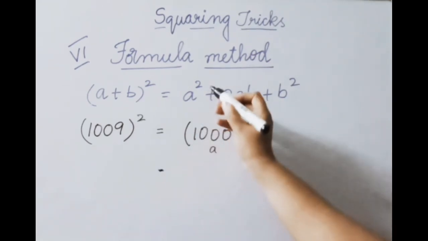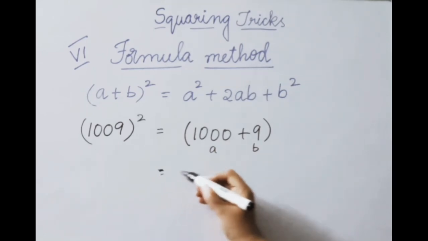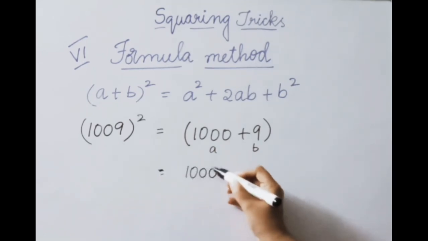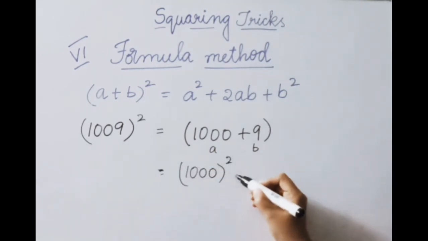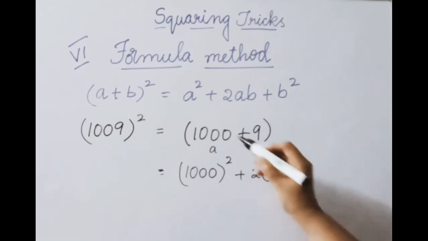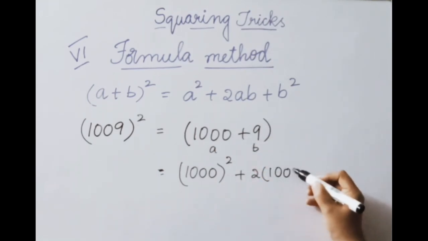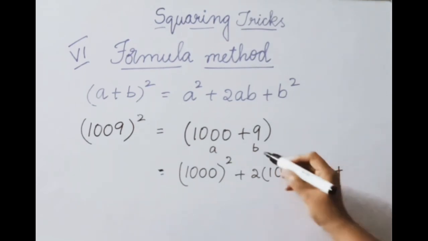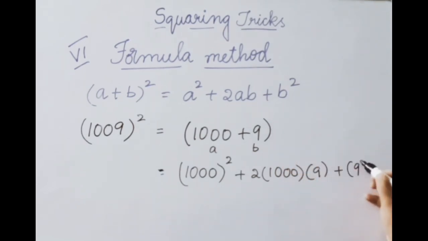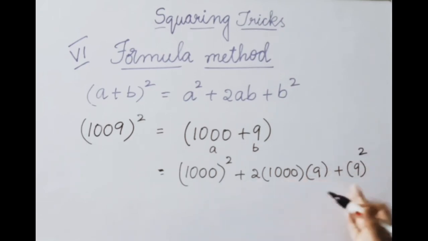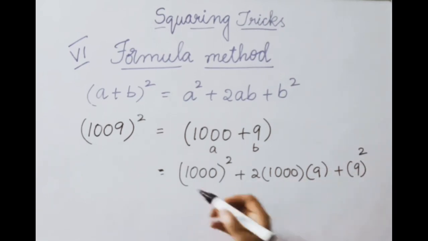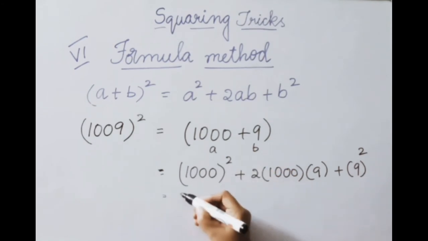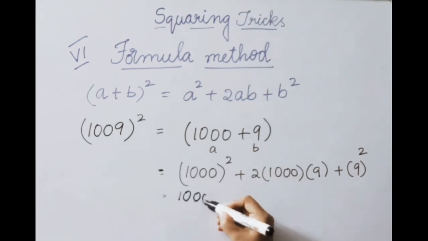So first one is A square, that means 1000 square, plus 2 into A means 1000, B means 9. Next B square means 9 square. Now after solving and adding all this we get the result. So 1000 square means 10 lakhs.